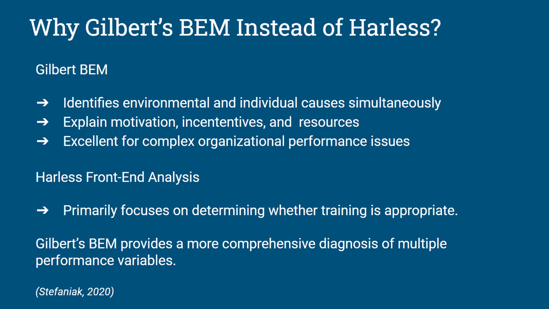While it is an effective model for making that distinction, it does not examine environmental and motivational factors as comprehensively as Gilbert's BEM. For these reasons, Gilbert's behavioral engineering model was the better choice for this analysis. It provided a more complete diagnosis of EduCore's performance challenges and supported recommendations that address both training needs and organizational improvements.